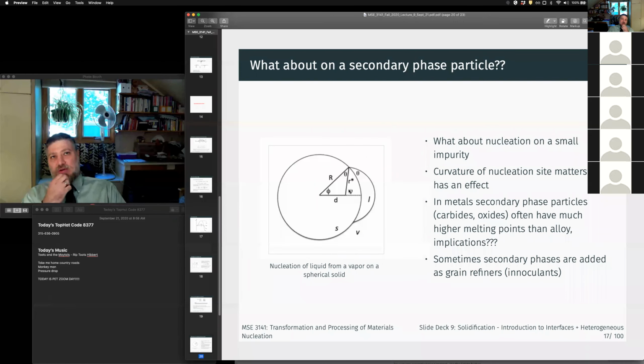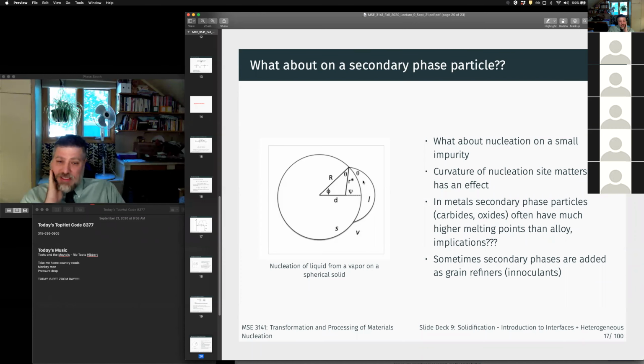I said we can nucleate either on the container, or we can nucleate on dirt or other impurities in our system. Well, in this case, it's not quite as easy, right? Because if we think about nucleating, this is a solid liquid nucleating on a solid particle from a vapor.